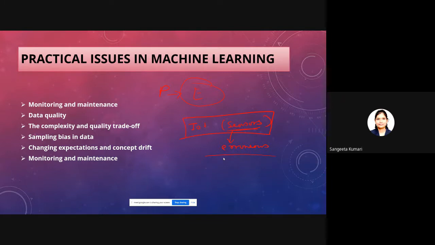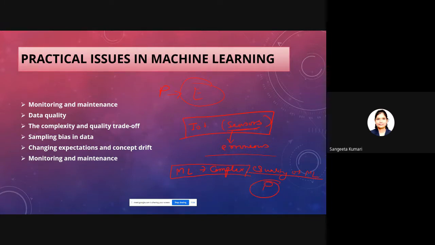So if your ML algorithm is complex, in that case obviously the quality of that ML algorithm would be more, meaning the precision would be more, accuracy would be more, so performance would be better.